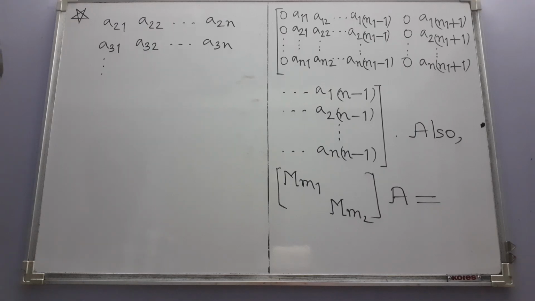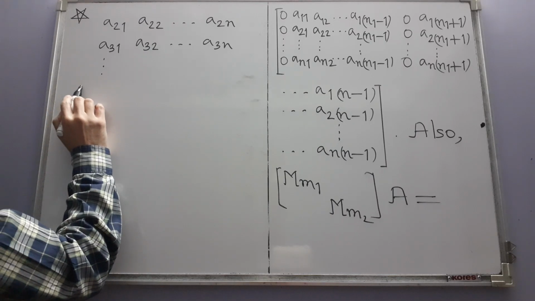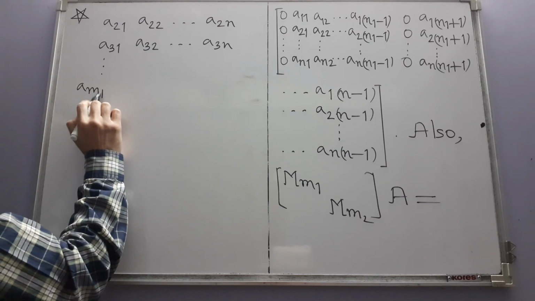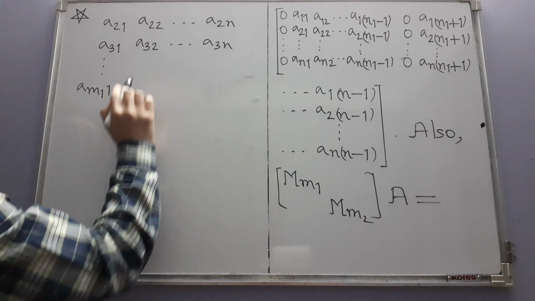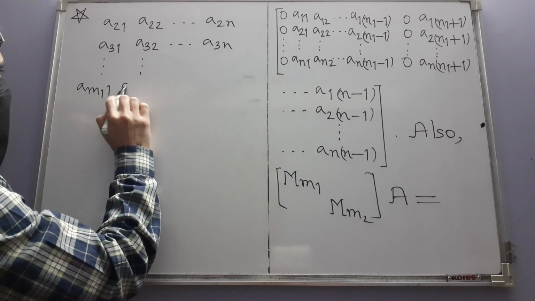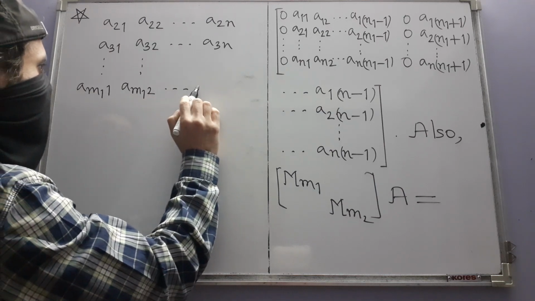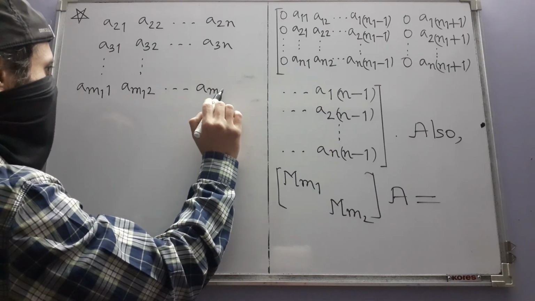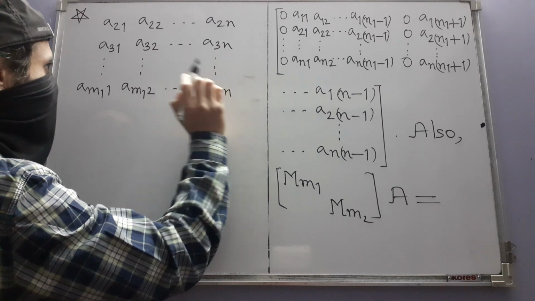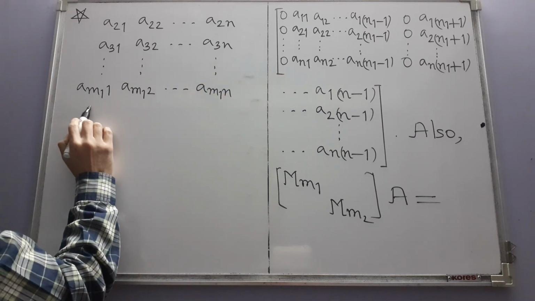And eventually you reach a m11, a m12, like that, a m1n, followed by a 0 row.